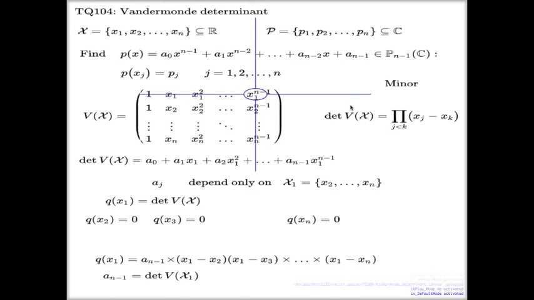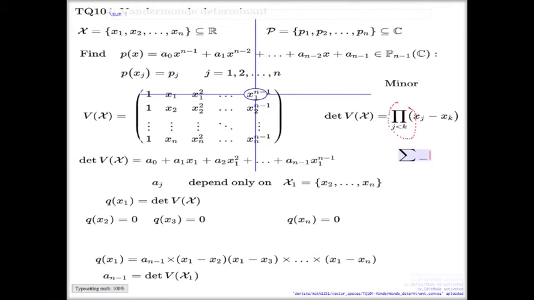And that will be the answer to question 104 in the yellow book. The determinant of the Vandermonde is the product. This letter is like the sigma. You're more or less comfortable with this sort of notation. It means a sum of all the elements when the index runs from one value to another value.